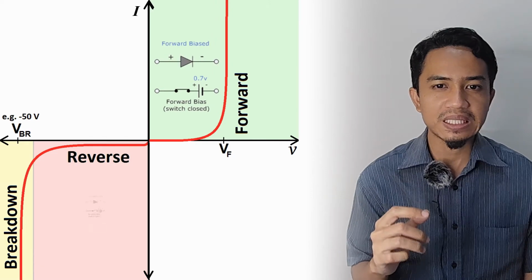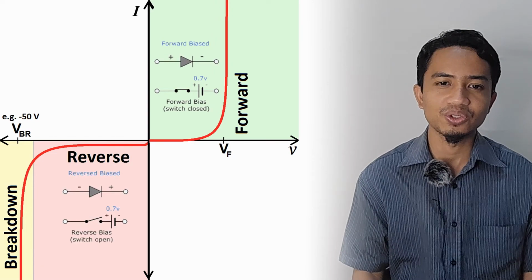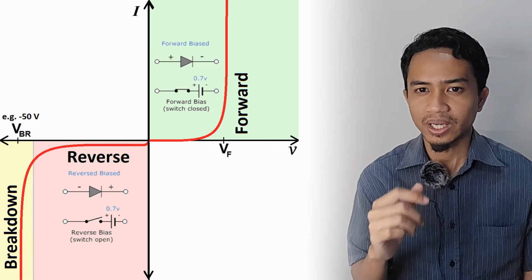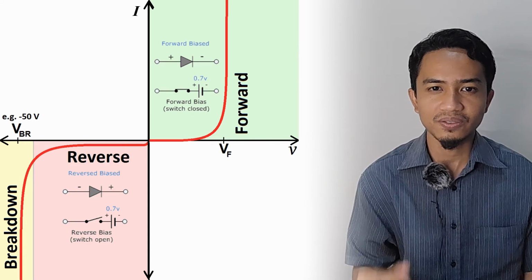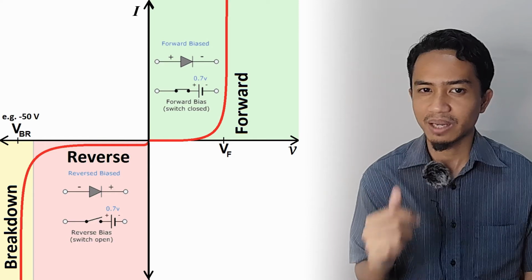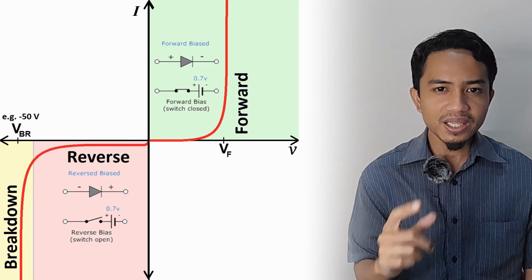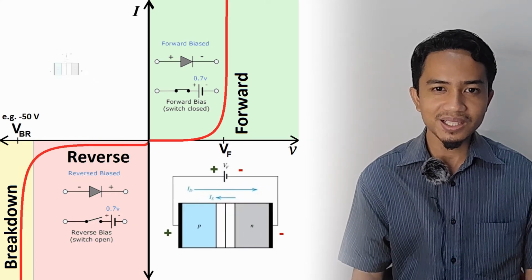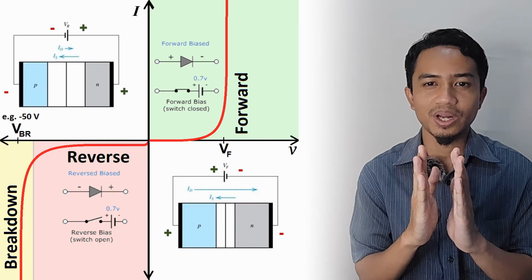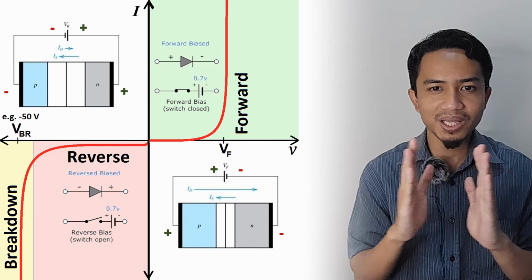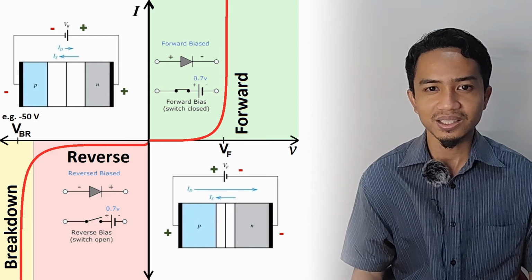Forward bias gives positive voltage to the p-type material, whereas reverse bias reverses the polarity, with negative voltage applied to the p-type material. And finally, forward bias makes the gap between the materials, or the depletion region, smaller, whereas reverse bias makes the depletion region larger.